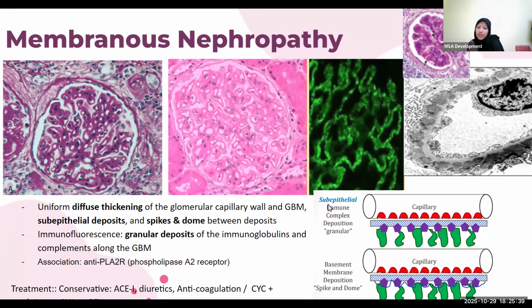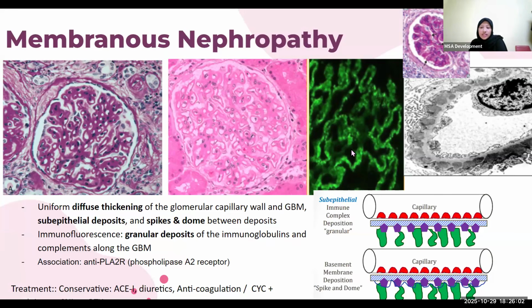Just to quickly summarize, the capillary part is called endothelium, so don't confuse that. This is basement. Epithelial is the podocyte area, so anything epithelial is near the podocytes. So again, if you see these three features, that is membranous nephropathy.